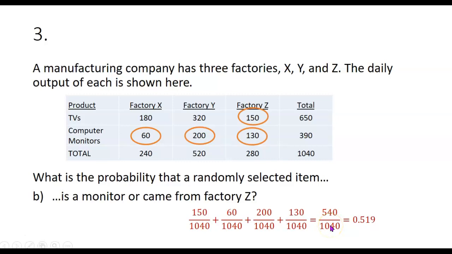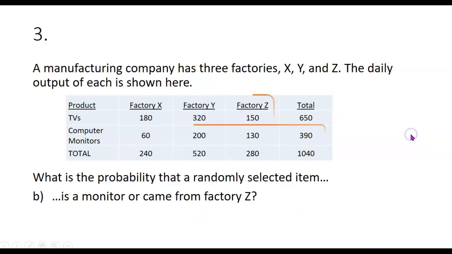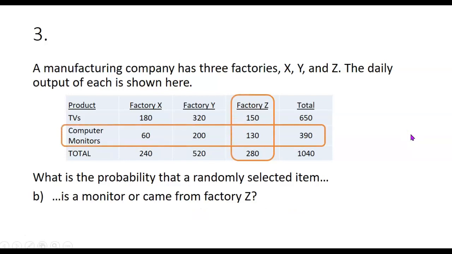So if we add those all together, that's 540 out of 1,040 in all. So the probability that we get one of these that's either a monitor or it came from Factory Z would be 540 out of 1,040, which is 0.519. The other way we could do this would be using addition rule 2.